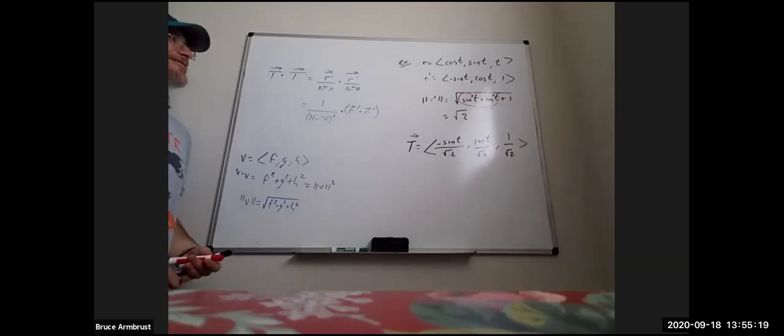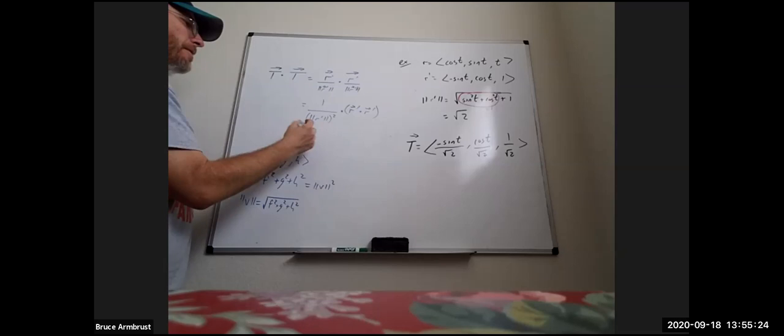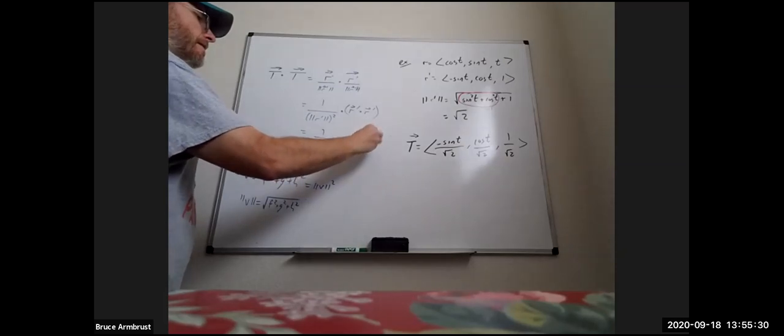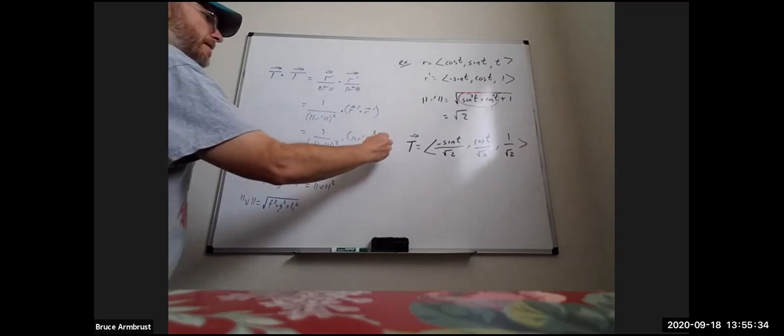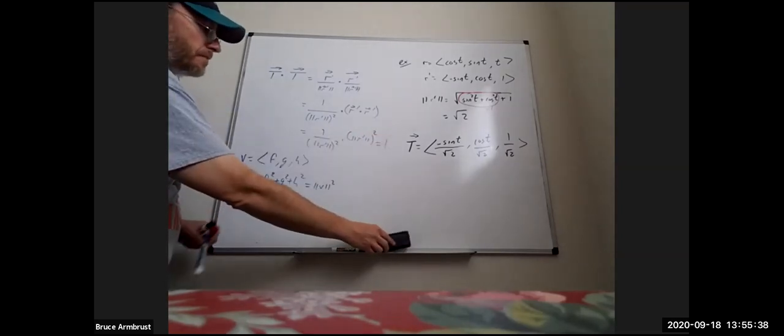So, a little aside. Check out this guy, the unit tangent vector. Since I've got r prime dotted with r prime, well, that's just going to be the magnitude of r prime squared. We already have 1 over that magnitude squared. So it equals 1.